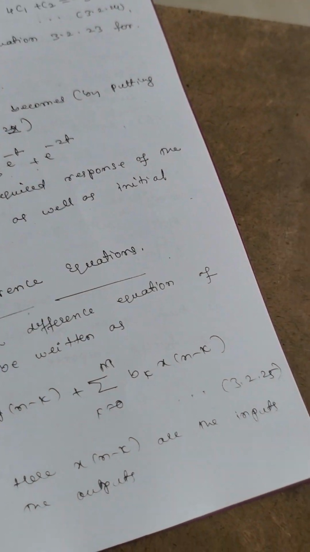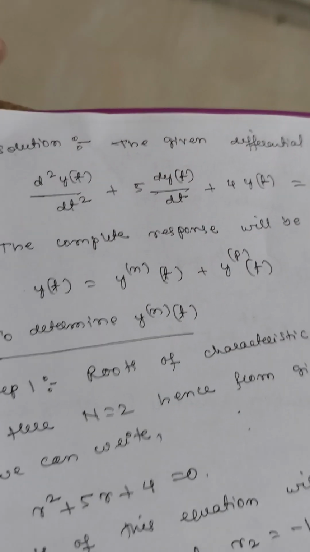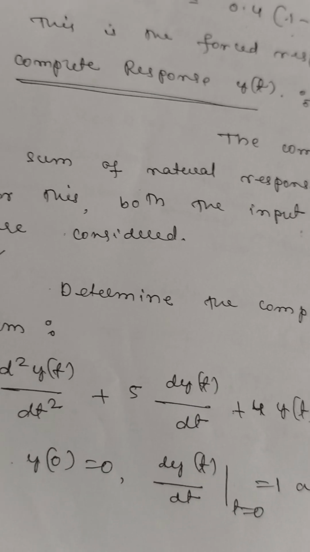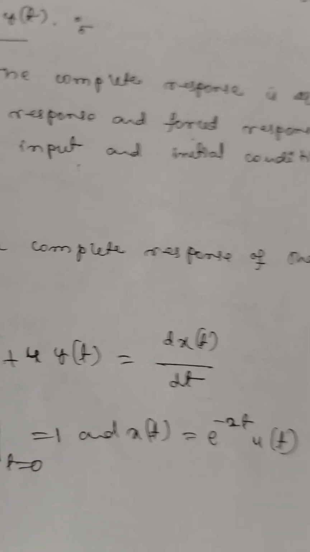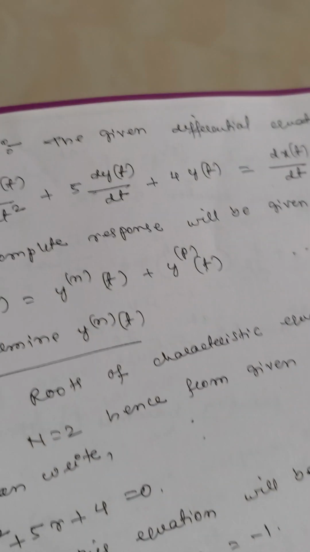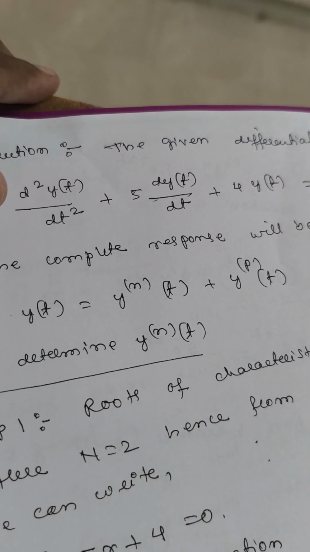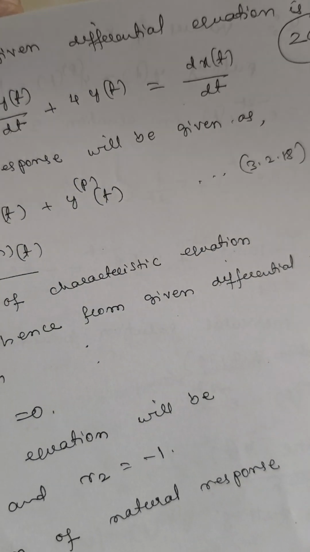In this equation, substitute the value of y(t) as k e raised to minus 2t.